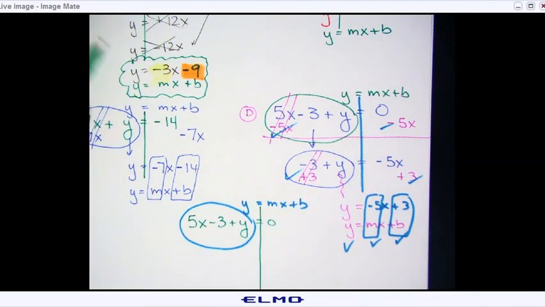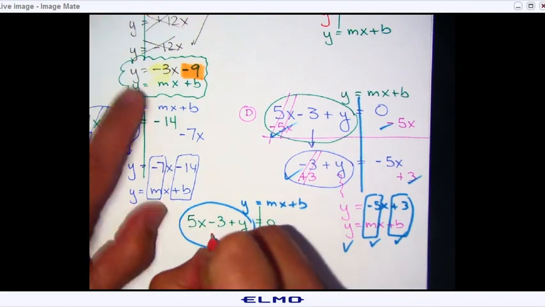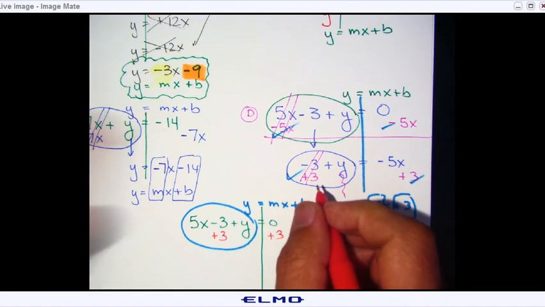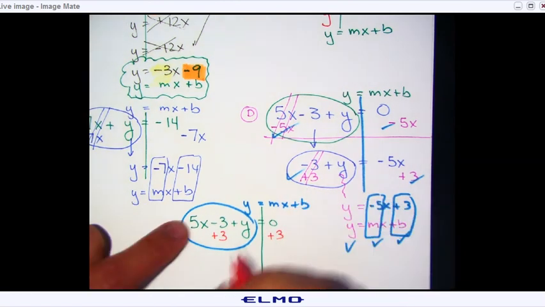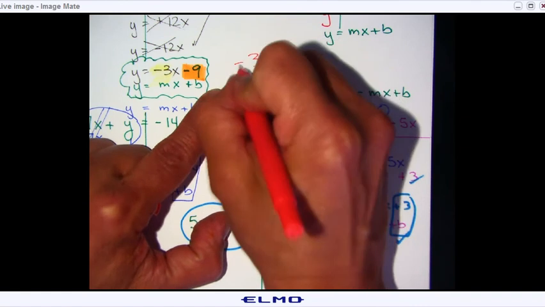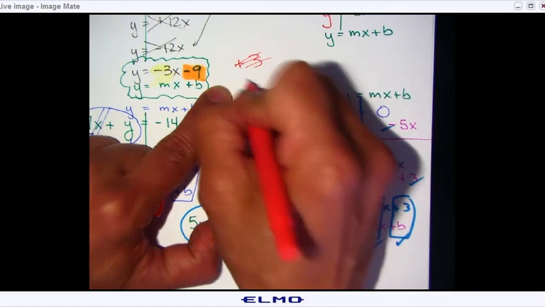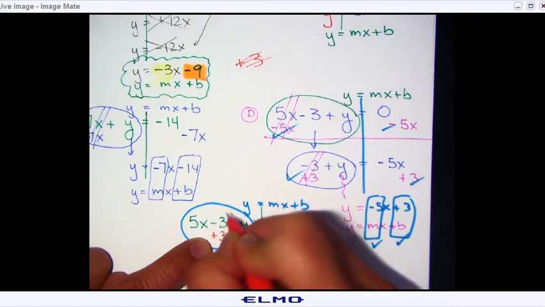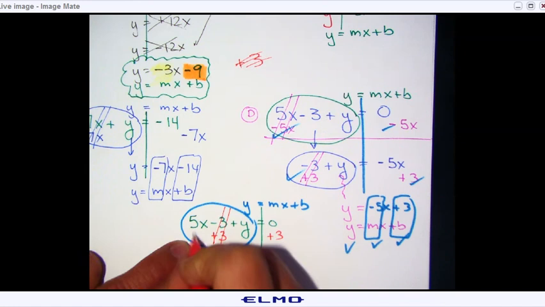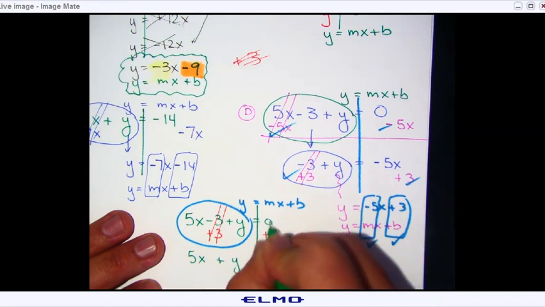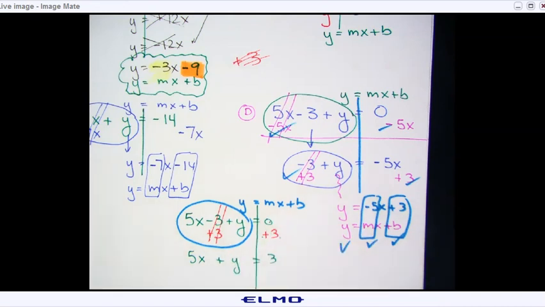We're going to add 3 because it's a minus 3. We're not changing it. We're adding 3. If I would change it, I would be, oh, negative 3, oh, I changed it to positive 3. That's not what we're doing. We're adding a 3 to make it a 0. So then what do I get? I get 5x plus y equals 0 plus 3 is 3. Sorry, we still need a bubble because I don't have my answer.